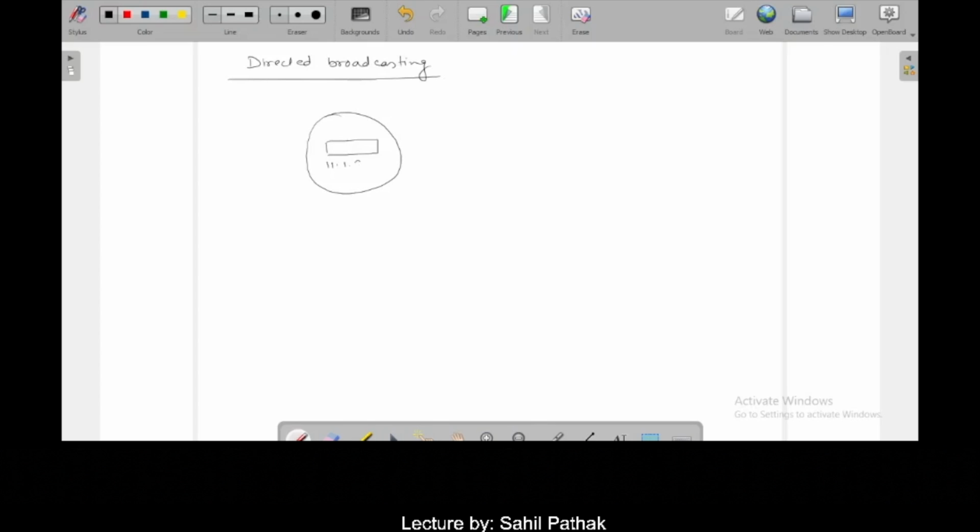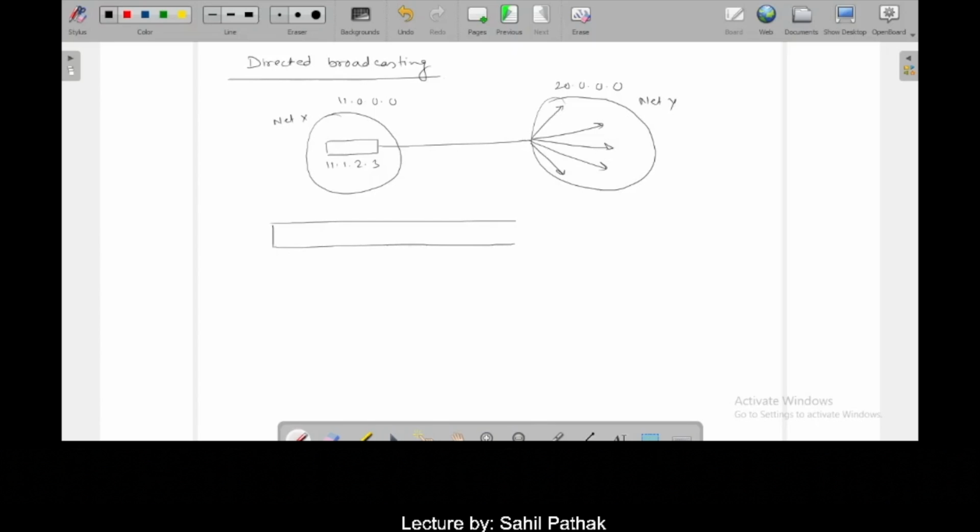Again I'm taking the same example from network X, and within network Y, which is 20.0.0.0, I just want to send the packet to all the hosts present in network Y. That concept is known as directed broadcasting. So in case of directed broadcasting, the packet would look like as below.